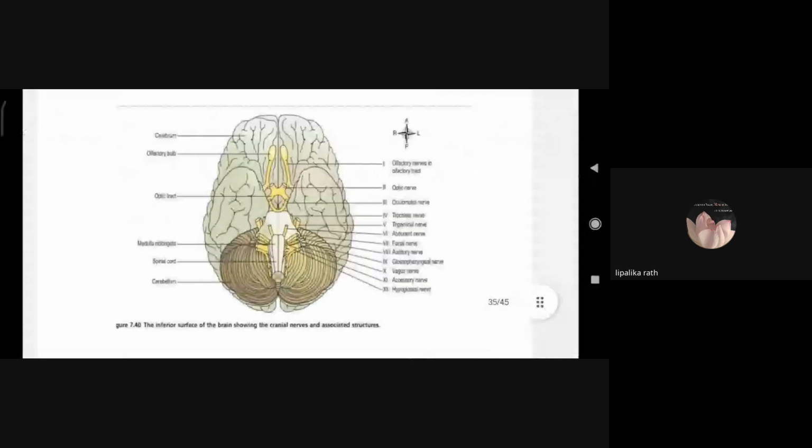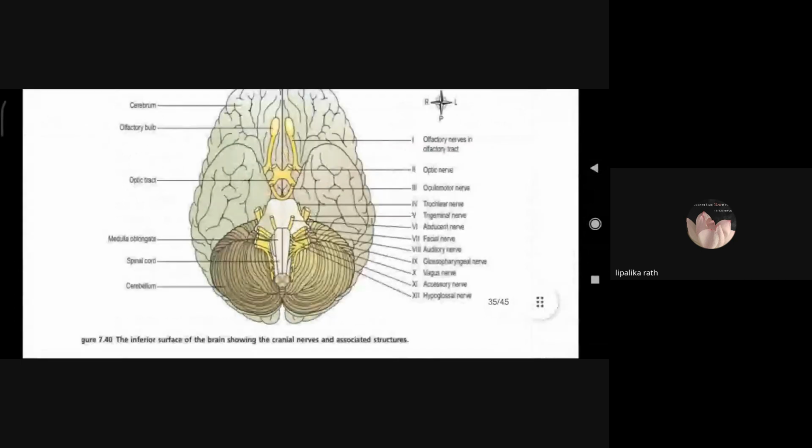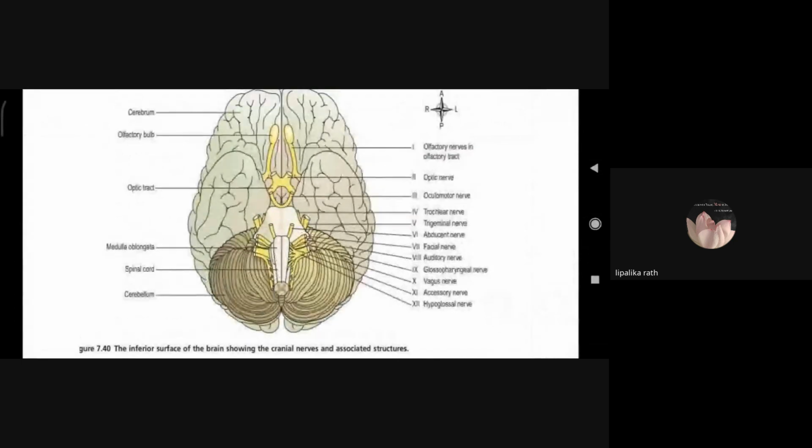Here you can see all the cranial nerves where they are connected to the brain. So what are those nerves? First of all, the olfactory nerve. The olfactory nerve is related to the sense of smell, and it originates from the nasal cavity.